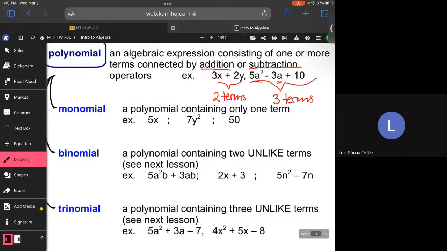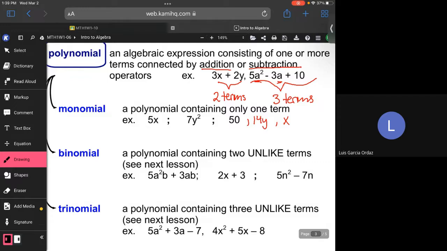So the first polynomial we have is called a monomial, which is a polynomial that only contains one term. For example, that can be 5x, 7y squared, 50, just x, 25y, 14y, it doesn't matter. It's just one term by itself, and nothing comes after it.